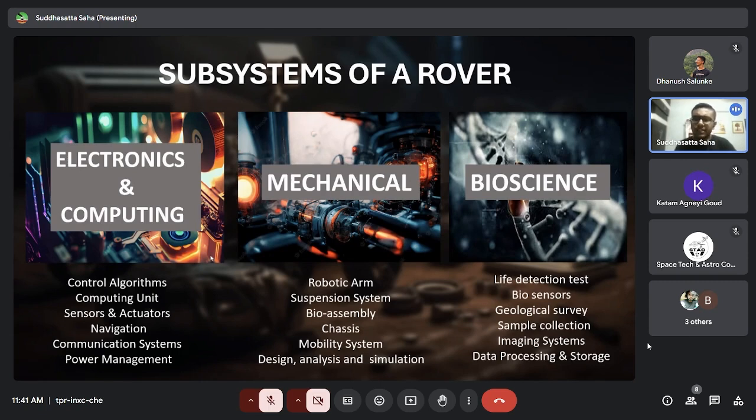So basically life detection tests, biosensors, geological surveys, sample collection, and all those beautiful imaging systems are also developed by this bioscience domain.